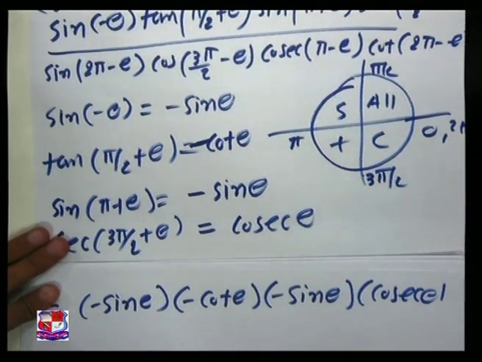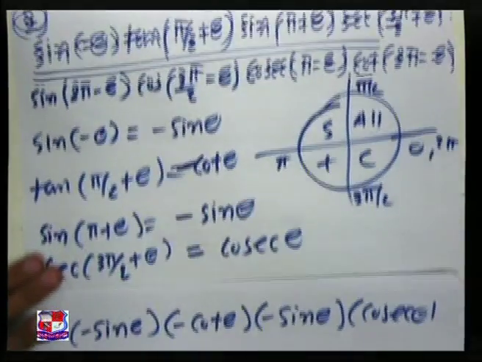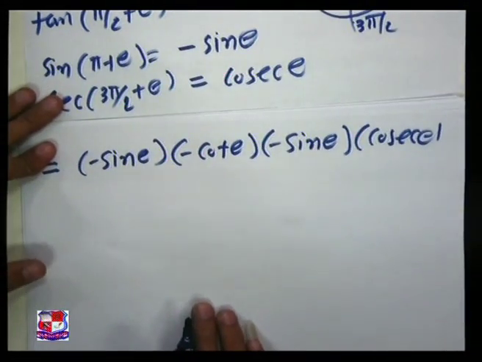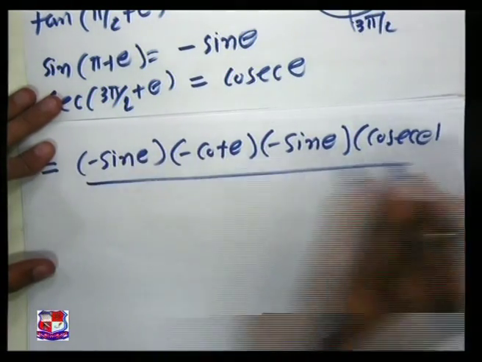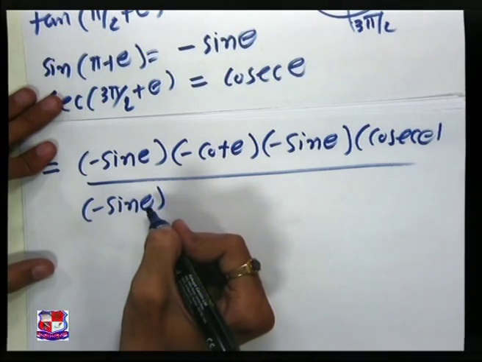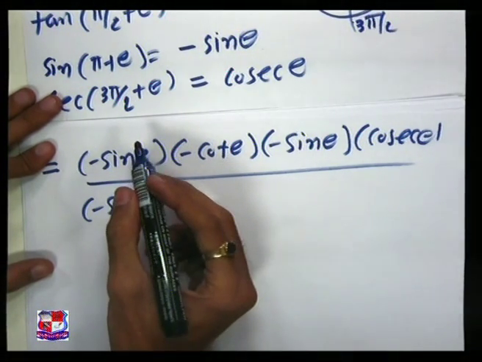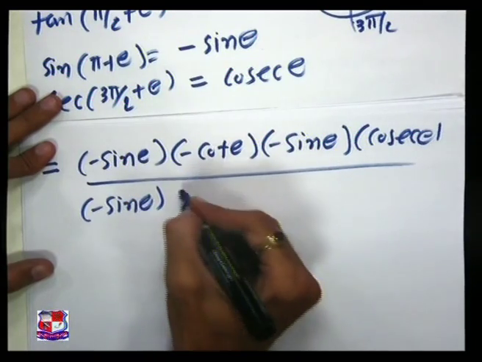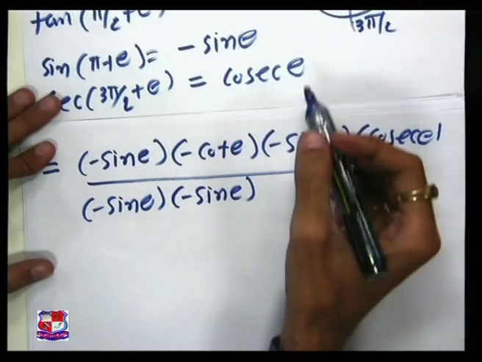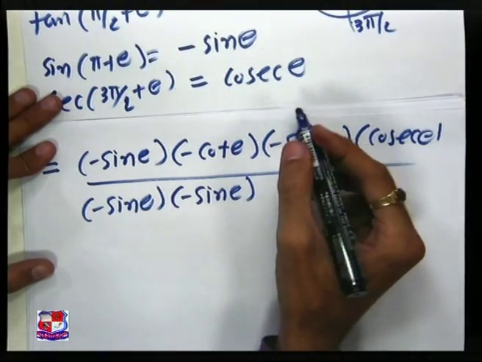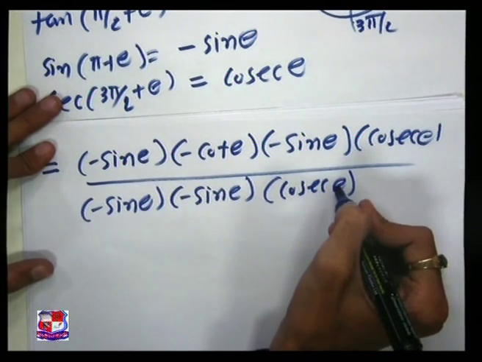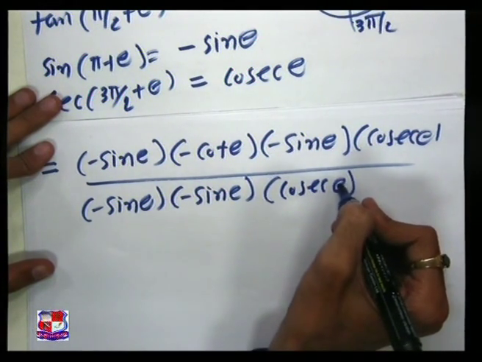In the same way, if we discuss the denominator side, then here I will get minus sine theta, that is sine 2 pi minus theta, that is equal to minus sine theta, cos 3 pi by 2 minus theta, that will be minus sine theta, again cosec pi minus theta, that is equal to cosec theta, and cot 2 pi minus theta, that is equal to minus cot theta.